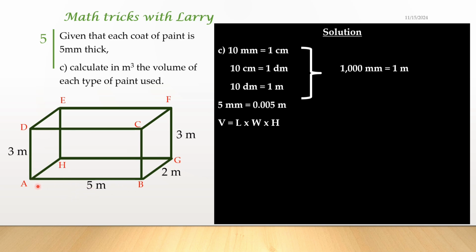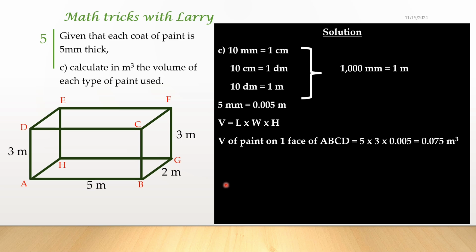But now the volume, how do we get now the height of the paint? We are told that the paint has a thickness of 5 millimeters, which is equivalent to 0.005 meters.